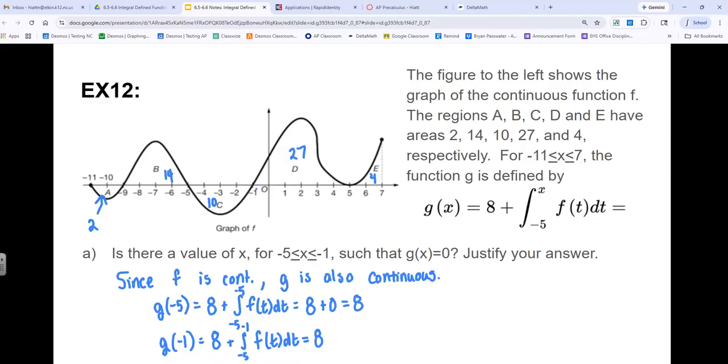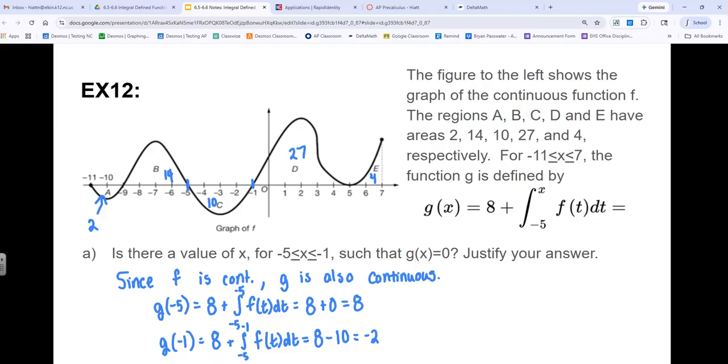Nope. That'd be from negative 1 to 5. We want negative 5 to positive 1. Negative 10, since that's below the x-axis. They're always going to give you the area in positives because area is positive. But when we're doing integrals, any area below the x-axis counts as a negative. So we get negative 2.